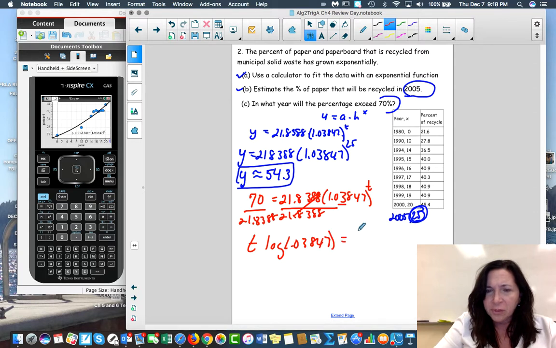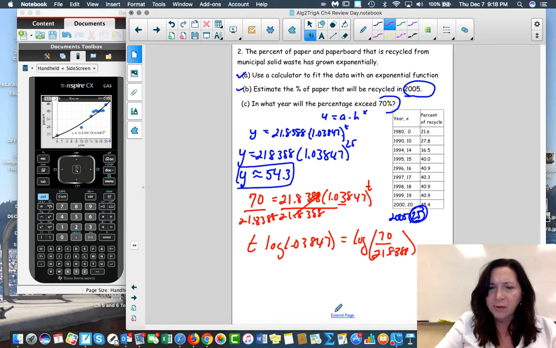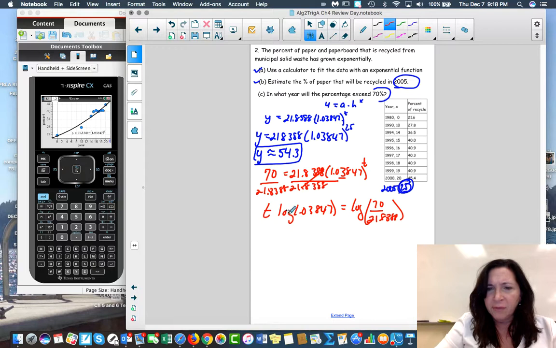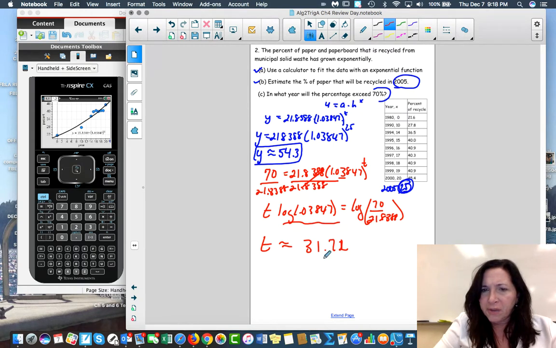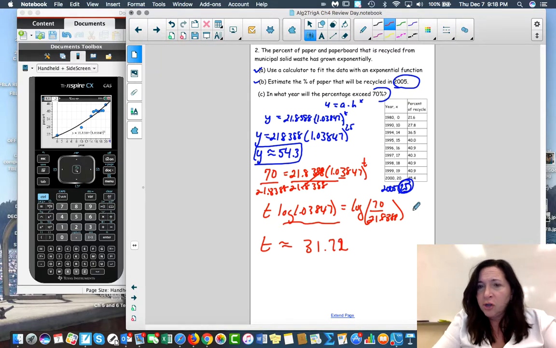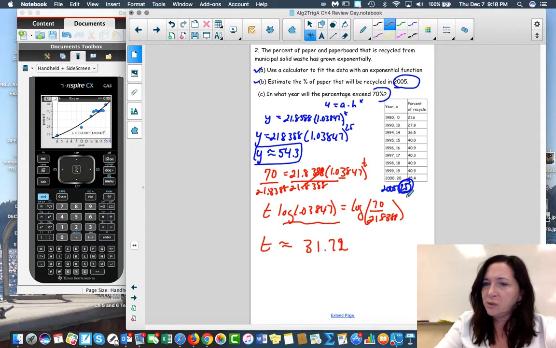So t times log of 1.03847 is equal to log of 70 divided by 21.8388, etc. And when you get that and then divide both sides by this value here, you should get t is approximately 31.72. And what that means is in what year will the percentage. Now, 31 is not a year. So you're going to have, this is 25.